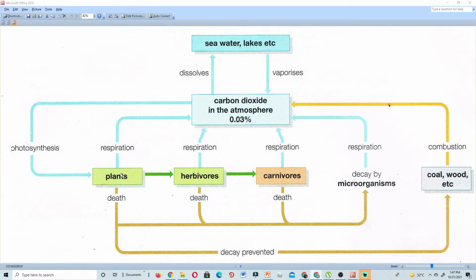One, how is carbon dioxide given out to the atmosphere? And two, how is carbon dioxide removed from the atmosphere? Within your environment, you should be able to tell me the different ways in which carbon dioxide is given out to the atmosphere.